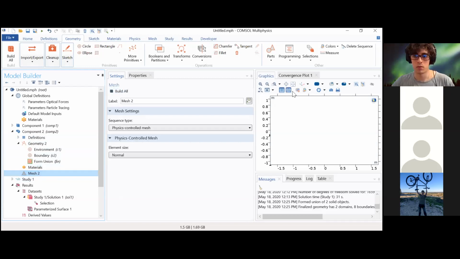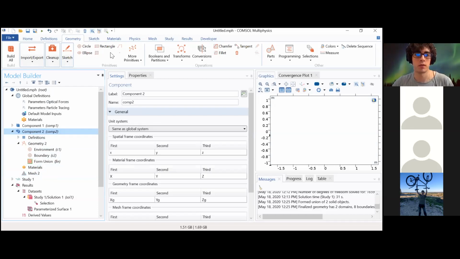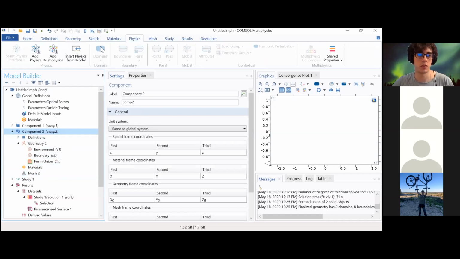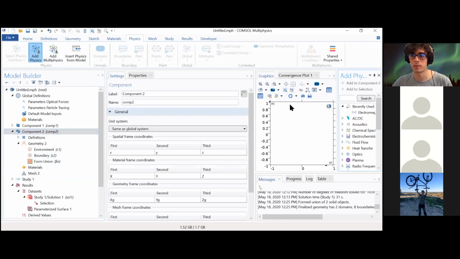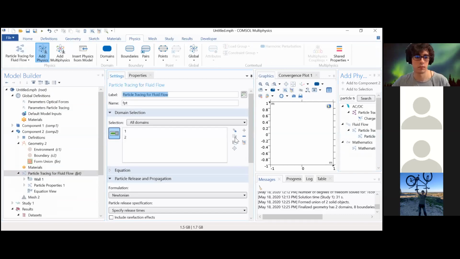So what we need is to add some physics, in this case the particle tracing. So let's add some physics here and search for particle tracing. Particle tracing for fluid flow. And also, we will try to finish this and add directly a study.